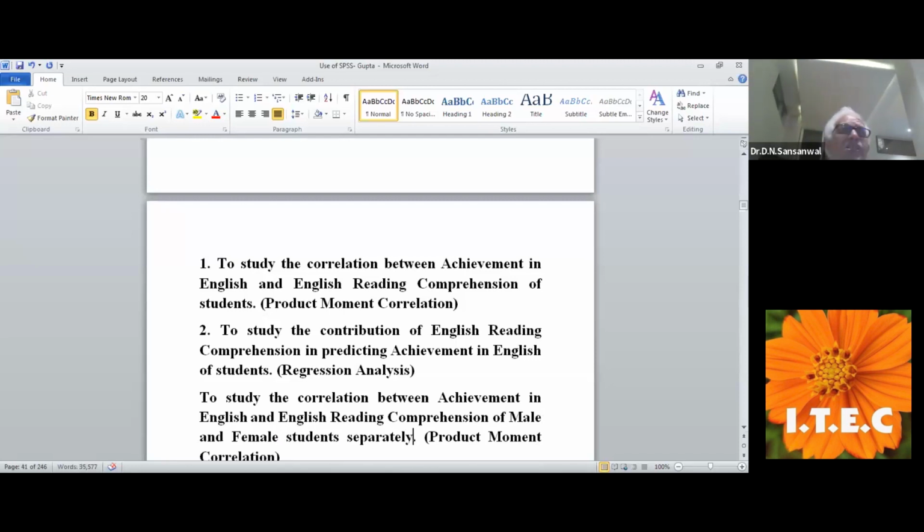That means if you have this as an objective, then you cannot select your sample using the random sampling technique. Why? Because the random sampling technique may not get you both male as well as female. Because in random sampling, it is a homogeneous group, and if it is homogeneous, then you are not bifurcating it into male and female. So therefore, in the random sampling technique, your population must be a homogeneous group.